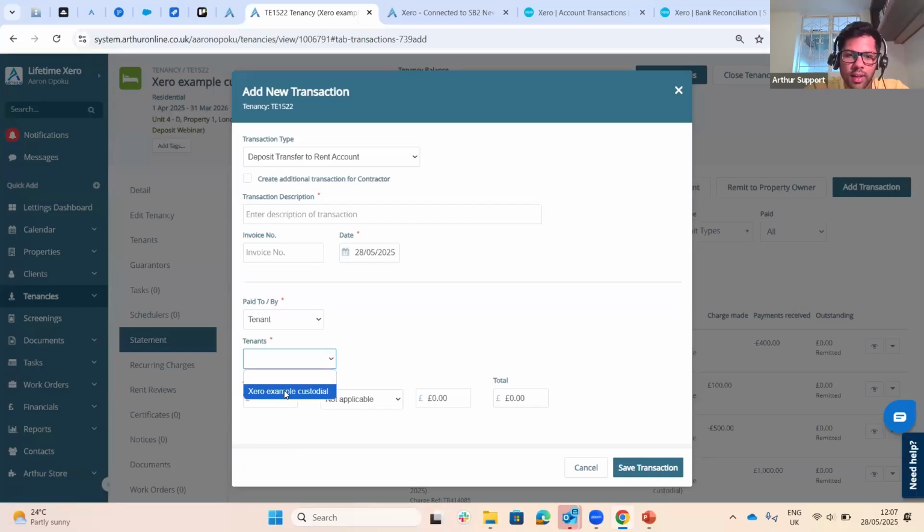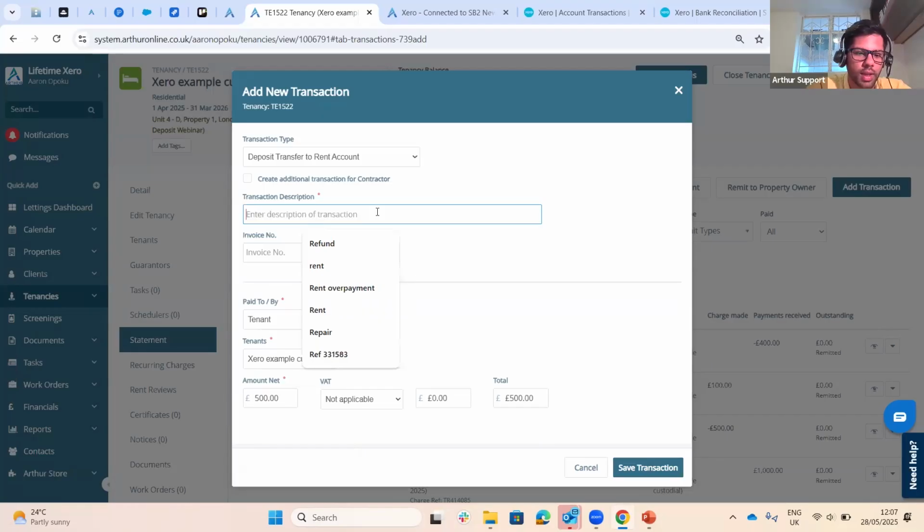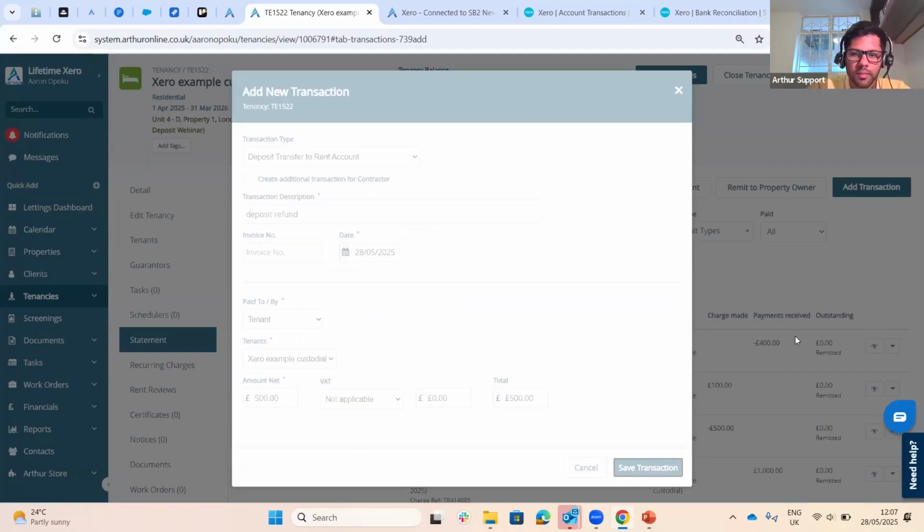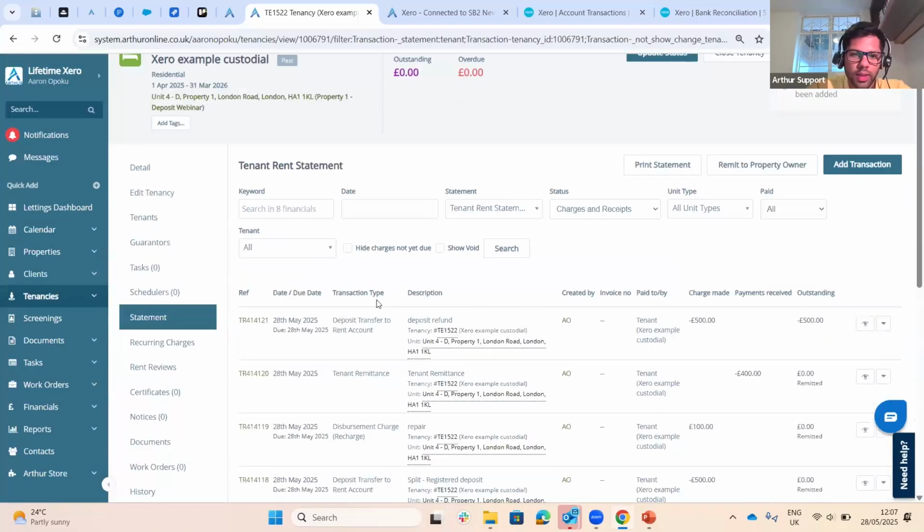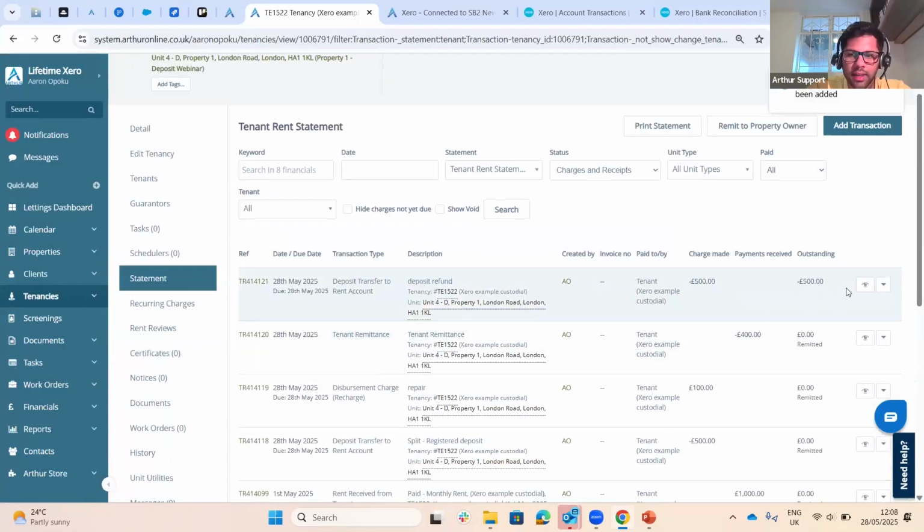So for the three that are leaving, just add that transaction manually. Whatever you're holding for each of those tenants, you can add the transaction in there. And you can just say deposit refund. So you can do that 3 times for the 3 different tenants that are leaving.